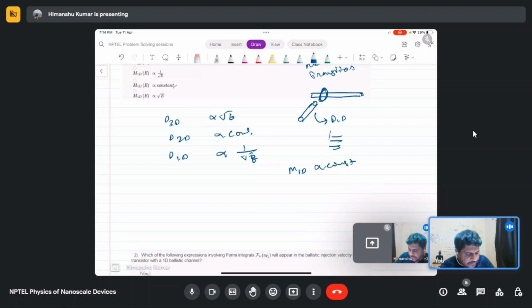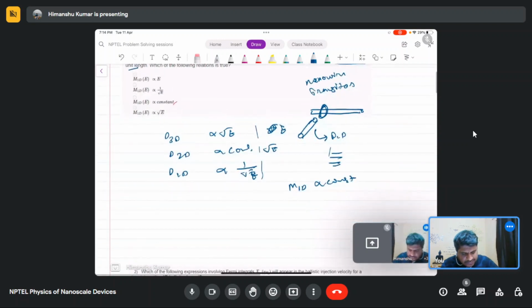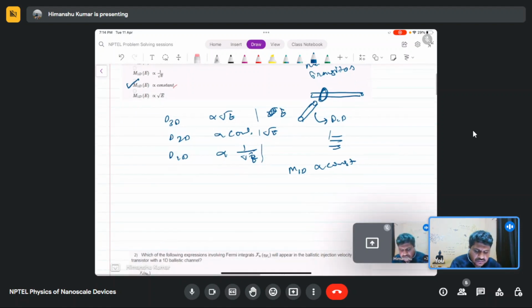If you take the area of this, then it becomes constant, so the number of modes in a 1D channel is constant. Similarly, in 2D the number of modes will be proportional to square root of E, and in the 3D case it will be directly proportional to E. So the correct answer will be the third one: the number of modes in the 1D transistor will be constant. Is there any doubt in this, or can we move to the next problem?